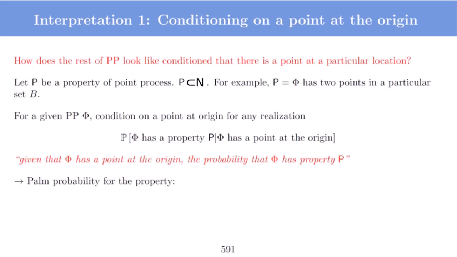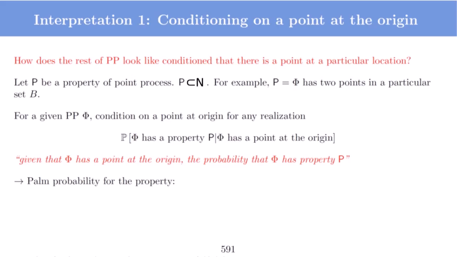For example, you can think of P as: phi has 2 points in a particular set B. So all realizations which have 2 points in the particular set B will be in P. If phi belongs to P, it means phi is one of those realizations which has 2 points in the particular set B, that is, phi has this property P.